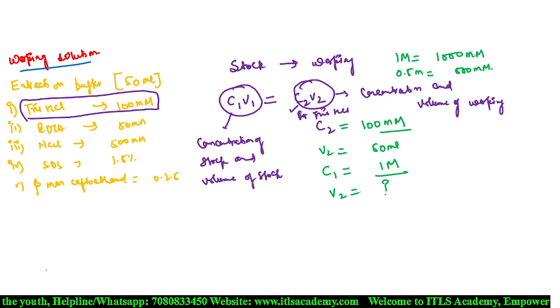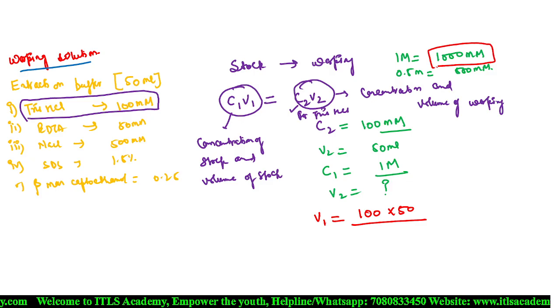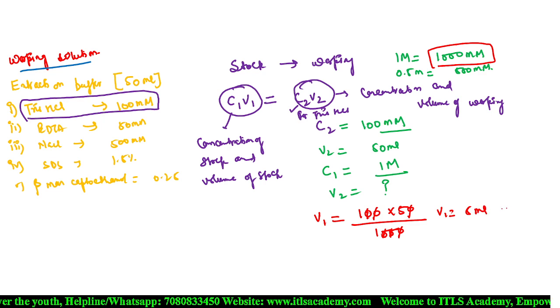Yes, ma'am. Simply, we use this formula by rearranging: V1 is equal to C2V2 divided by C1. C2V2 means 100 multiplied by 50 divided by C1, that is your 1000. Now solve this. V1 is 5 ml in the case of HCl.